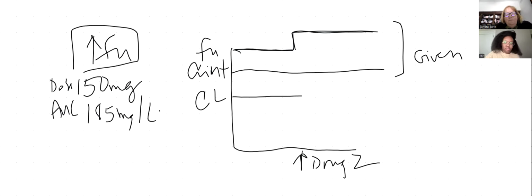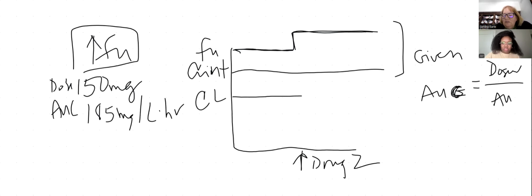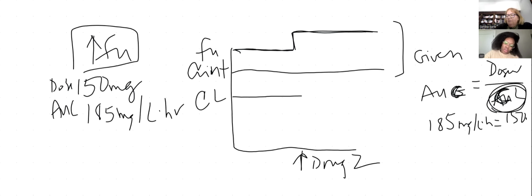So what you need to know is that the area under the curve is dose IV over clearance. I'm sorry, clearance is dose IV over area under the curve. So we can calculate clearance, can't we? Because we know the area under the curve is 185 milligrams per liter times hours, and the dose is 150 milligrams. So what's our clearance?